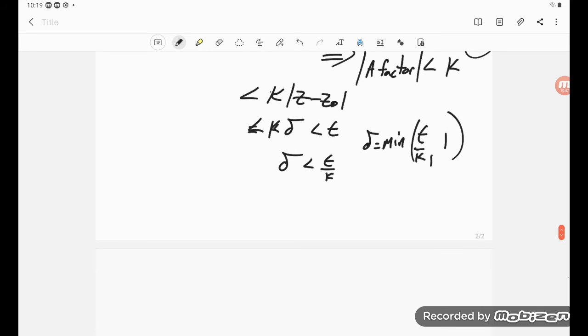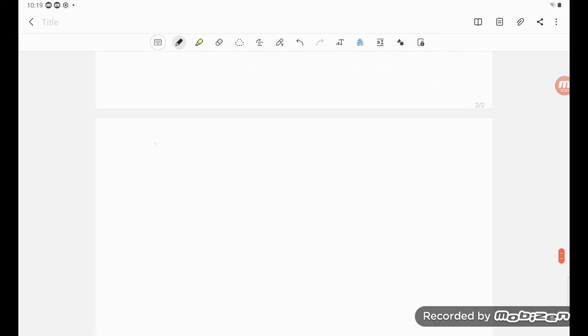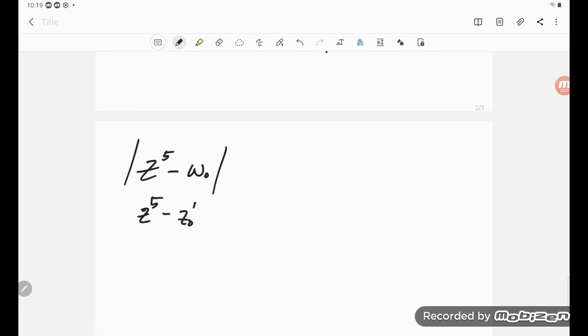So really any power, this would work just fine for, because if I have z to the n minus whatever that w0 is, then I can typically factor that. In that w0, whatever it is, it would be z0 to the fifth, I'm sure, right? So this would be z to the fifth minus z0 to the fifth. And I'm going to be able to factor this into z minus z0.